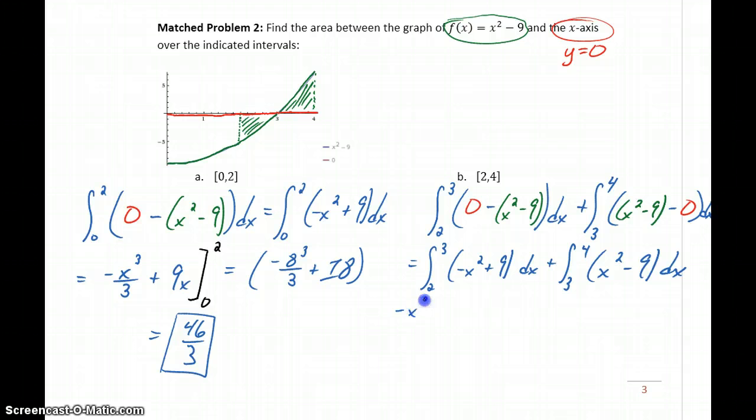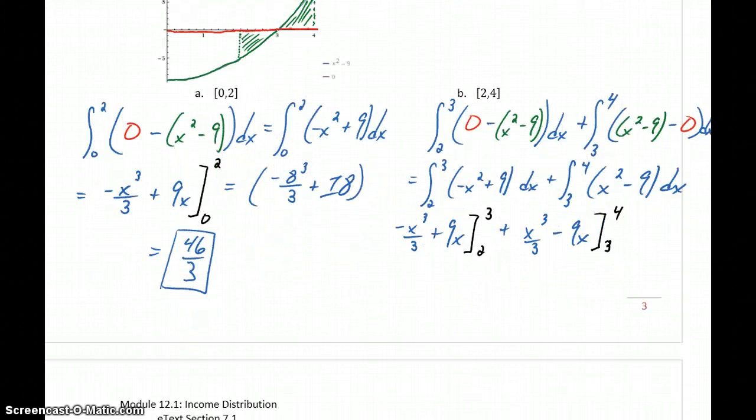This will be negative x cubed over 3 plus 9x, and we'll evaluate that from x equals 2 to x equals 3, and then plus x cubed over 3 minus 9x, which we'll evaluate from x equals 3 to x equals 4.